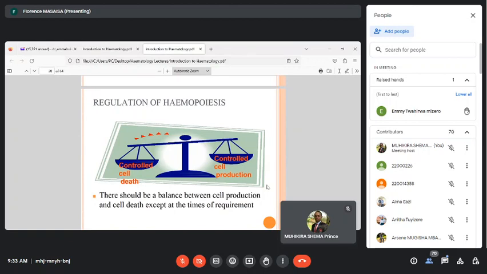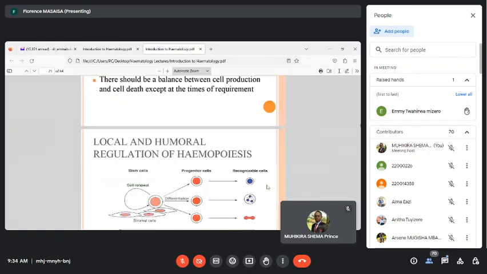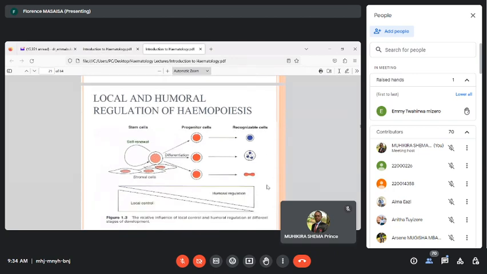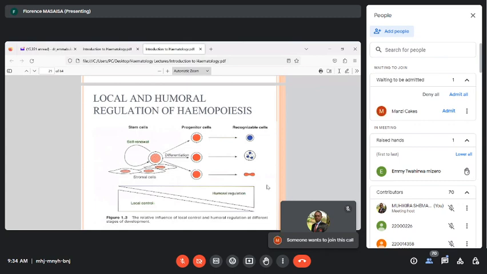So for hematopoiesis to keep producing cells, we need local and humoral regulation. Local means the environment in the bone marrow, which is the main site of cell production. The local environment should be healthy, because any toxicity, any bone marrow infiltration by cancer or infection may affect cell production.